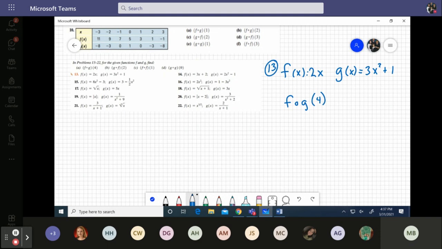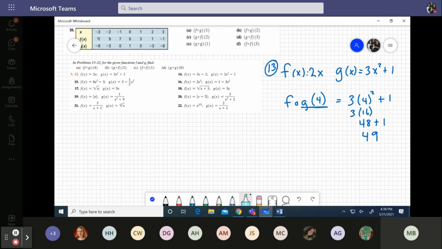So again, inside out. I need to know g of 4. Whatever I get for g of 4, that's going to give me my input for f of x. So 3 times 4 squared plus 1. 3 times 4 squared is going to give me 3 times 16, 48, plus 1 is 49.